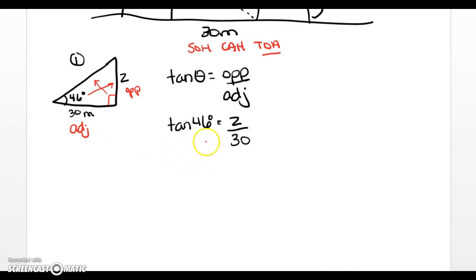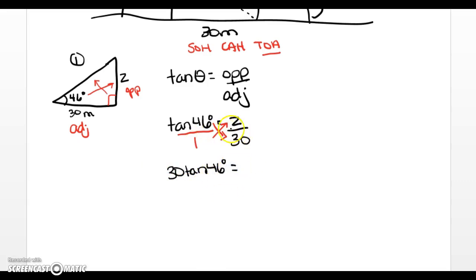Just like we discussed in our last video, you can write this as tan 46 degrees over 1, and then you're just cross multiplying to solve, because you have two fractions that are equal to one another. So we're going to write 30 times tan of 46. Remember, you always write that side first, so that we don't confuse the angle and the side.